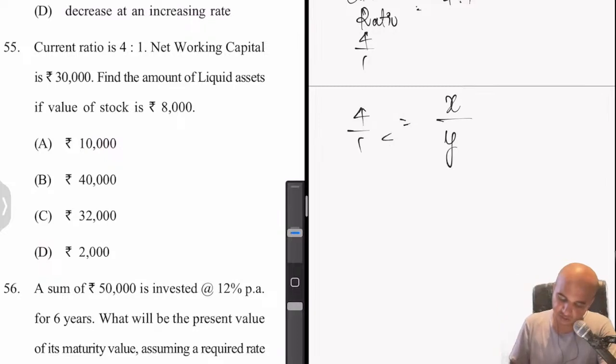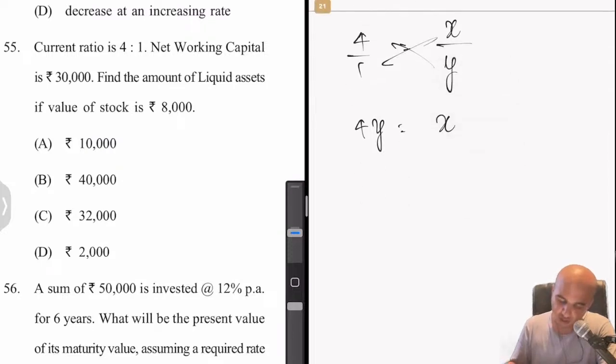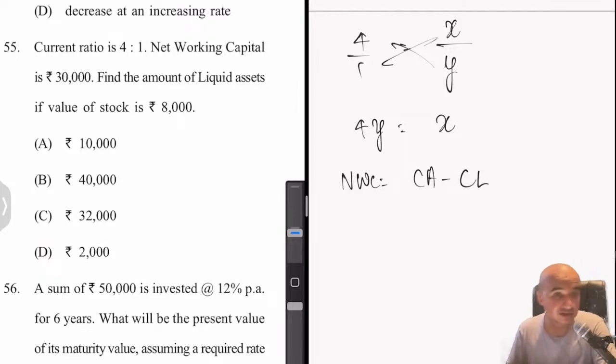But if I cross multiply, x is current assets, y is current liabilities. Now one more thing they have written is net working capital is 30,000. We know for a fact net working capital is nothing but current assets minus current liabilities.